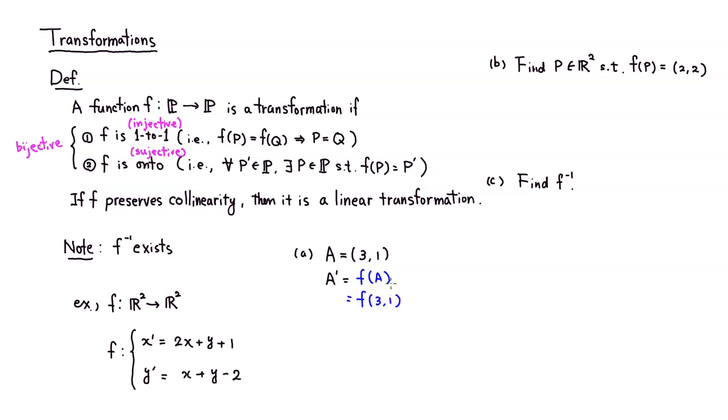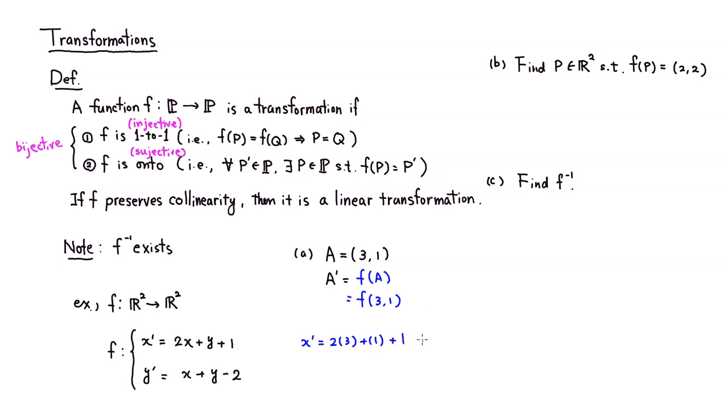So all you have to do is find x prime. x prime is going to be 2 times x, and x is 3, so we put 3 there, plus y, which is 1, plus 1.